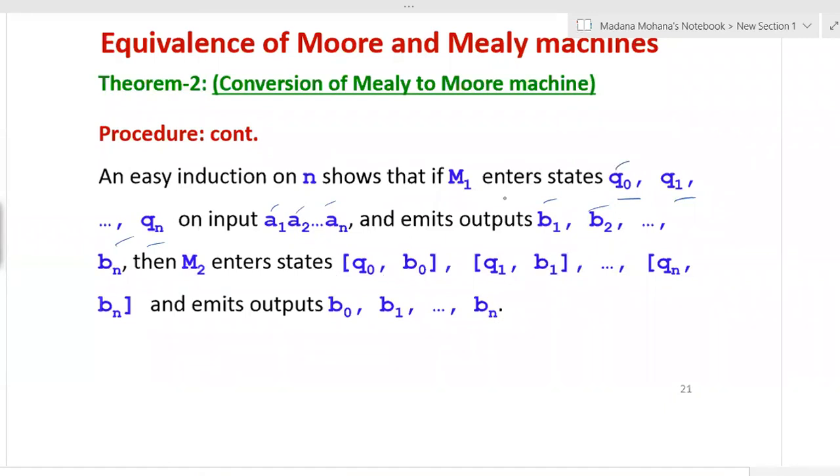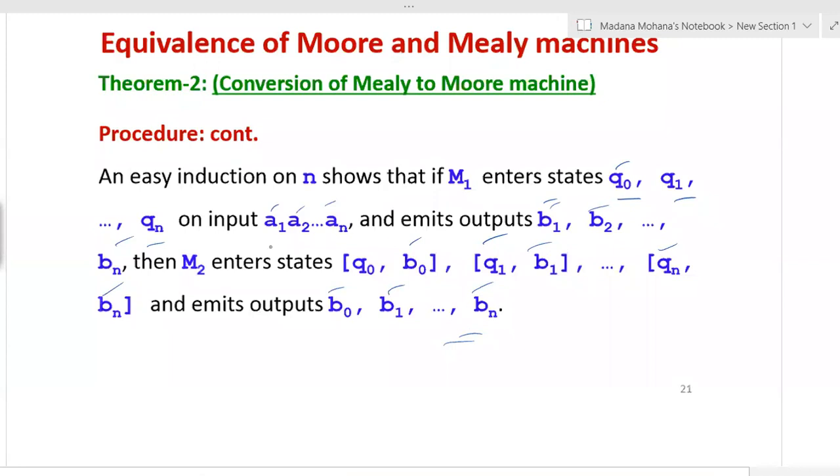So q0 with the initial one, that is b0, then from q1 you can take b1, then from q2 you can take b2 and so on, qn you can take bn, and emits the outputs b0, b1 and so on bn.